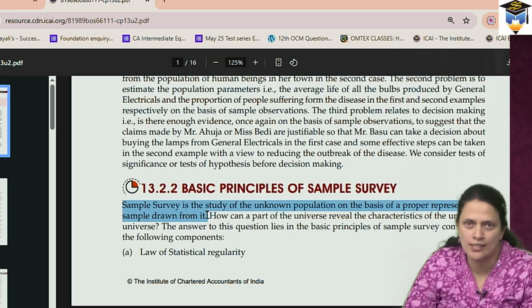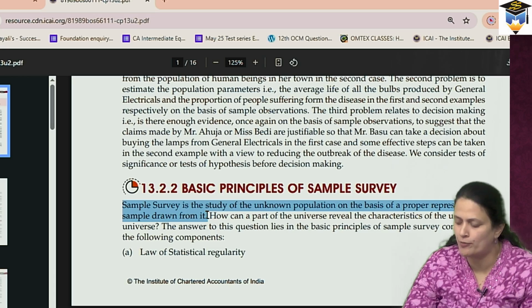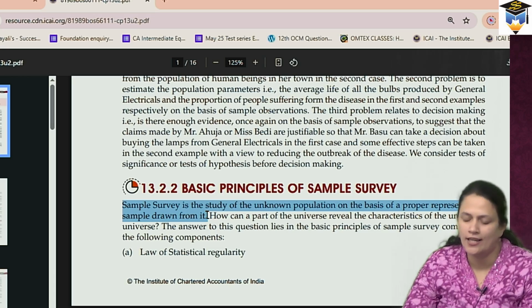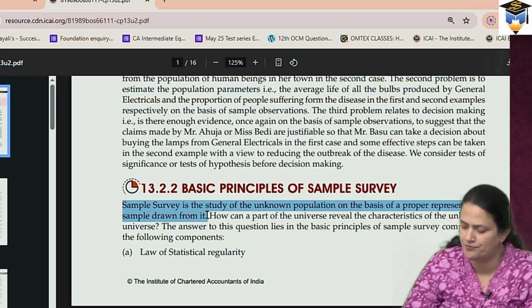Sampling is the process of selecting a subset or a sample from a larger population to study and draw conclusions about the entire population.